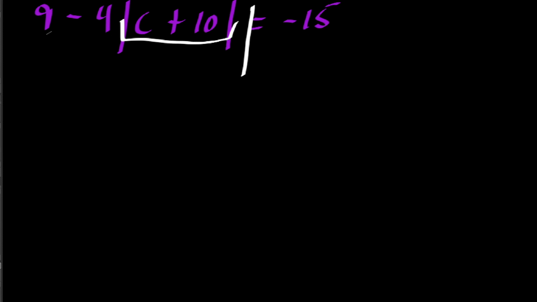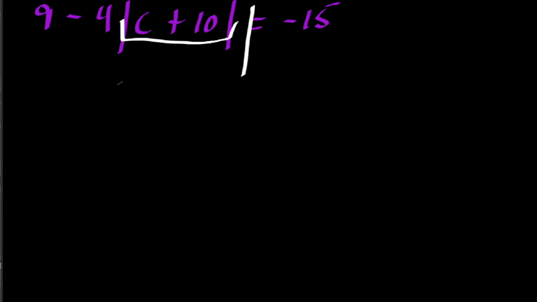And if you notice, now there's two things on the same side. We need to get rid of both. This is the two-step equation version of an absolute value equation. I know that's a lot to take in, but essentially we have to isolate this absolute value in 2 steps.